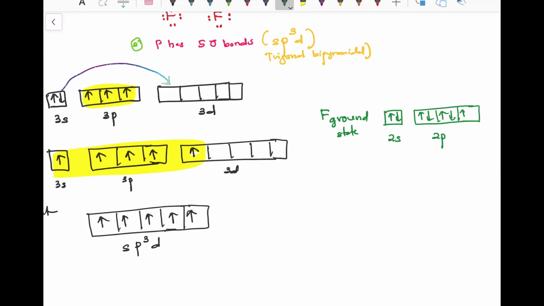So we only have one available orbital for overlapping. So for sp3d, the shape is trigonal bipyramidal.